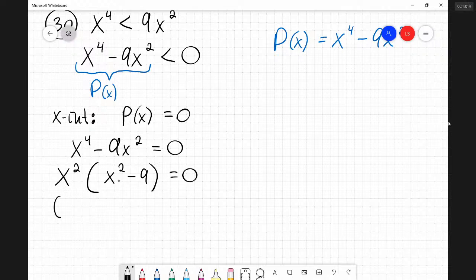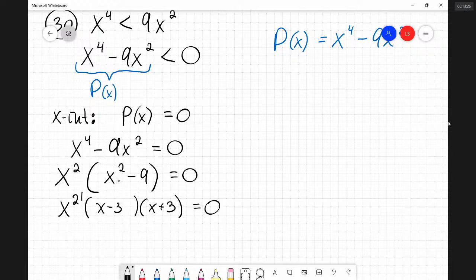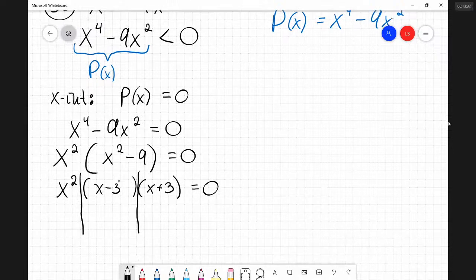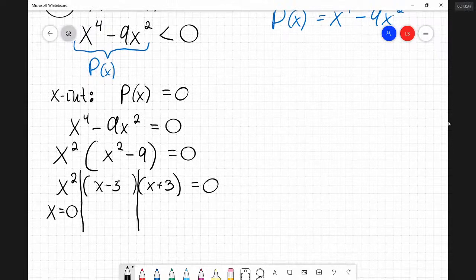And we will factor it all the way. We have x squared, x minus 3, x plus 3. And I get 3 zeros. 3 real zeros.